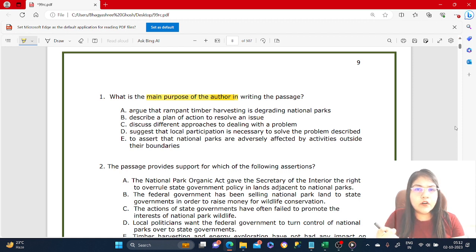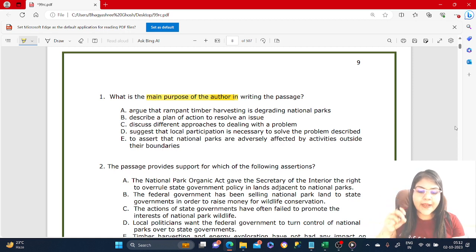So what is going on? What is the factual information? The factual information is that the state legislature is not that powerful, the national park is getting affected, and the people are also facing problems and causing problems to the park management and everything, right? But this is the news.